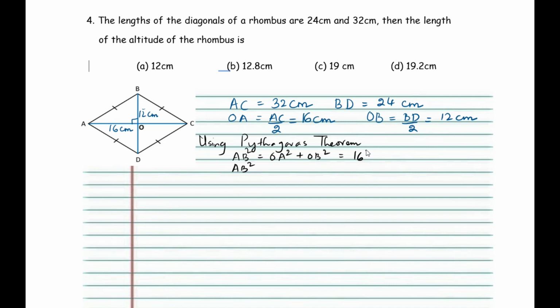OA square is 16 square plus OB square is 12 square. What is 16 square is 256, 12 square is 144. 256 plus 144 is 400. Now the length AB equals square root of 400. Now AB equals what? Square root of 400 is 20 units. Now we have got the side as 20 units.